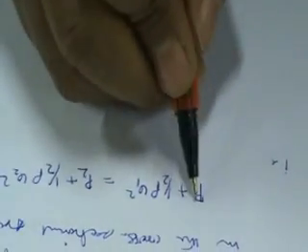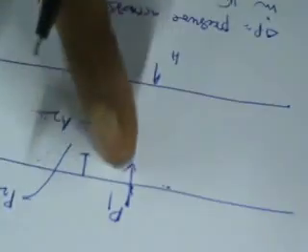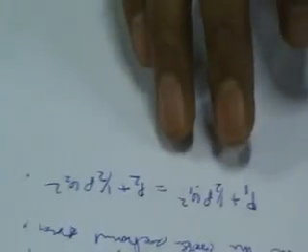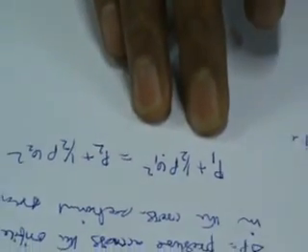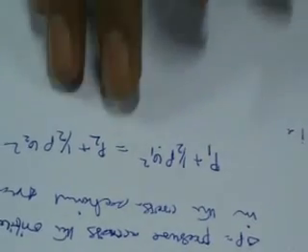P1 is the static pressure measured at point 1, P2 the static pressure measured at point 2, V1 is the velocity at point 1, and V2 is the velocity at point 2. That means static pressure plus velocity pressure, the total pressure at point 1, will be equivalent to the total pressure at point 2, according to Bernoulli theory.